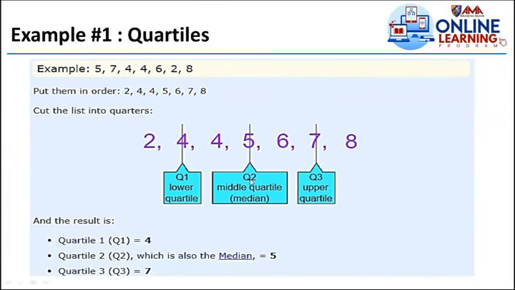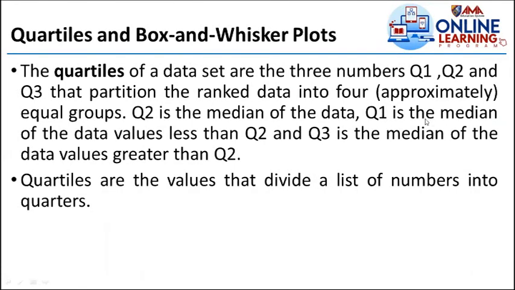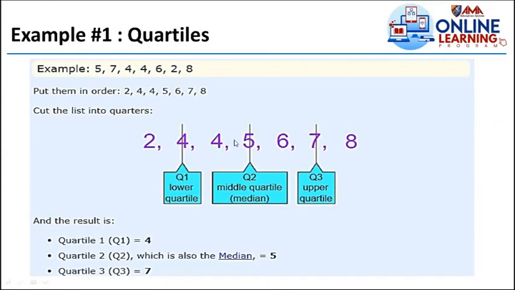Or, tawag po natin doon is quartile 2 or middle quartile. Next, paano hanapin yung quartile 1? Sabi niya, quartile 1 is the median of the data values less than Q2. So, ano yung mga data values less than Q2 natin? Ito, 1, 2, 3.